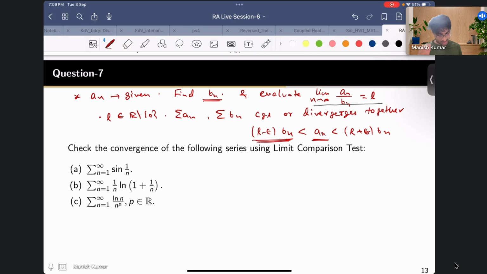Otherwise it won't be possible, because if this series is convergent, suppose this summation bn is finite, then this summation an is less than finite, but that doesn't mean, if it is negative then it might diverge, right? This could be minus infinity, for example. So an has to be positive. Okay, so this condition has to be there.